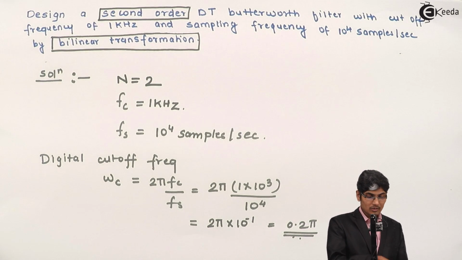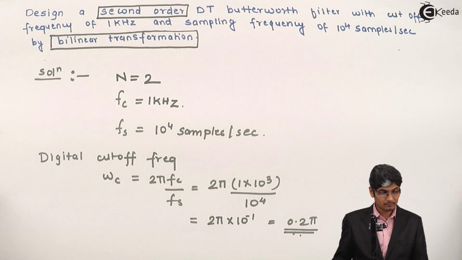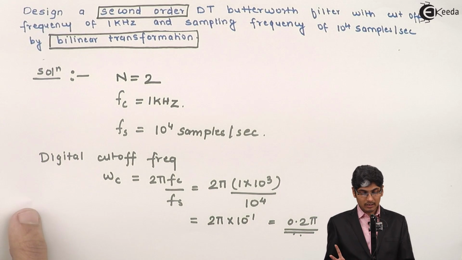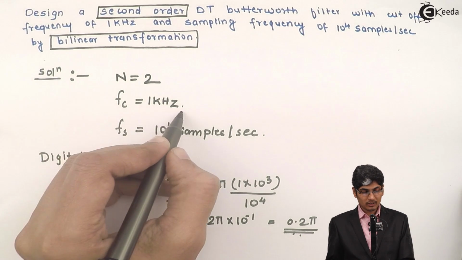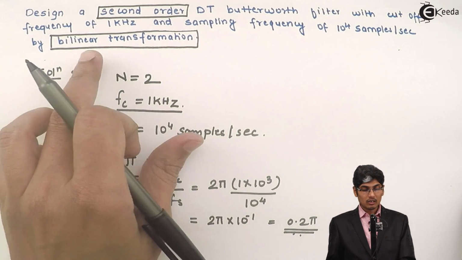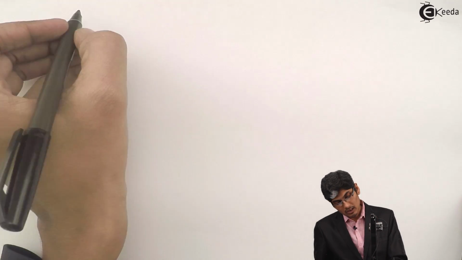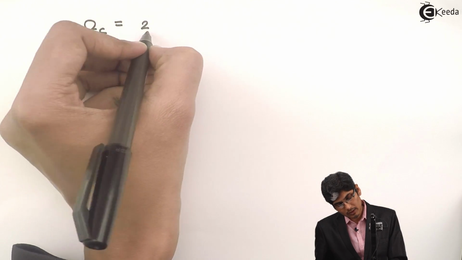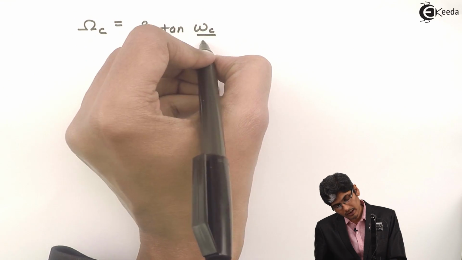Now, as we have found the cutoff frequency of the digital filter, we will calculate the cutoff frequency of the analog filter. Now there are two basic methods in doing this. First, either you can use this frequency and directly determine the analog frequency, or you can go via the bilinear transformation method. So using the bilinear transformation method, the analog frequency omega c is given as 2 by T tan of omega c by 2.